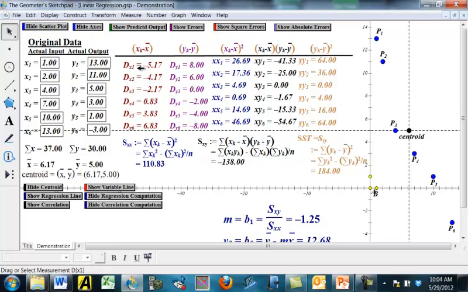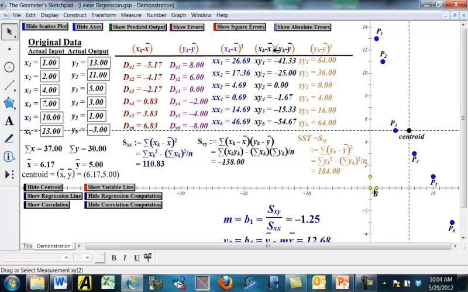And we can multiply these to get these black numbers in the middle. So, for example, negative 5.17 times 8 is negative 41.33. Negative 4.17 times 6 is negative 25. Or we can take negative 4.17 and square it to get 16.37. 6.83 squared is 46.69. Negative 8 squared is 64. Negative 4 squared is 16, and so forth.